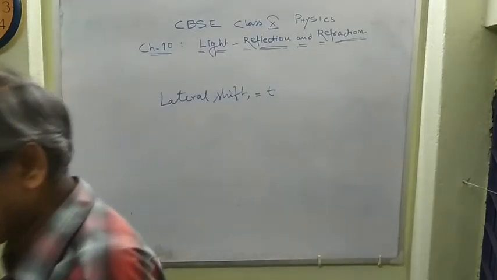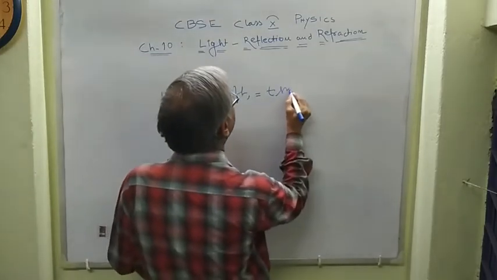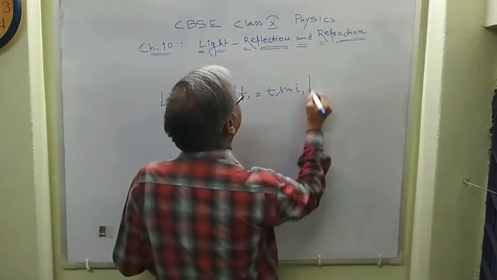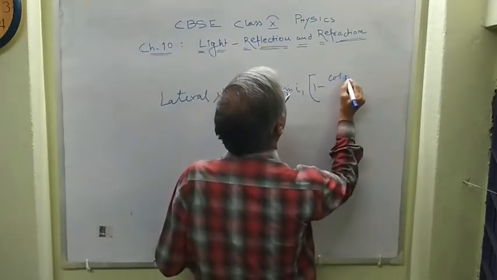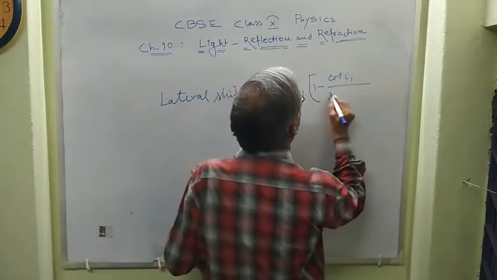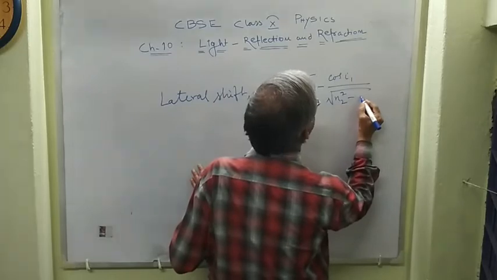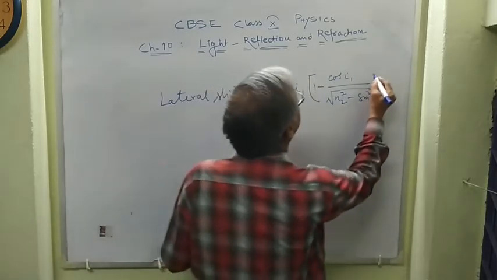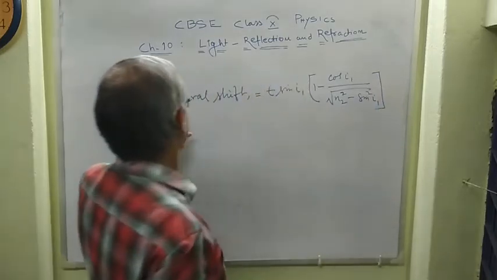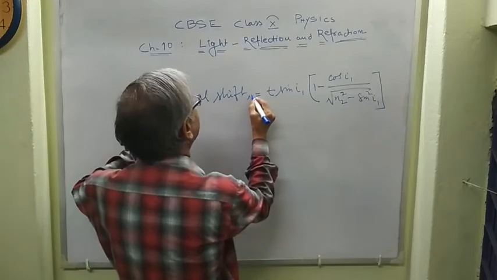Remember it, T sine I1 into 1 minus cos I1 by square root of n square minus sine square I1. Lateral shift may be written as d or delta.